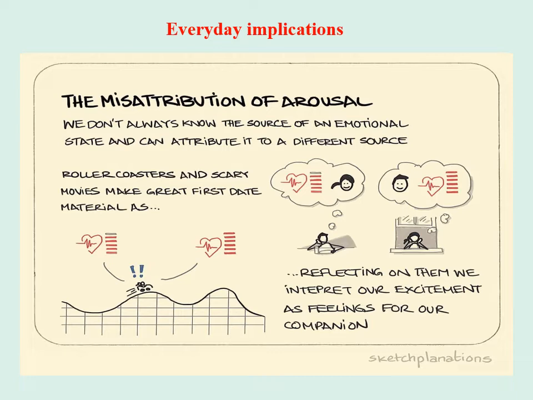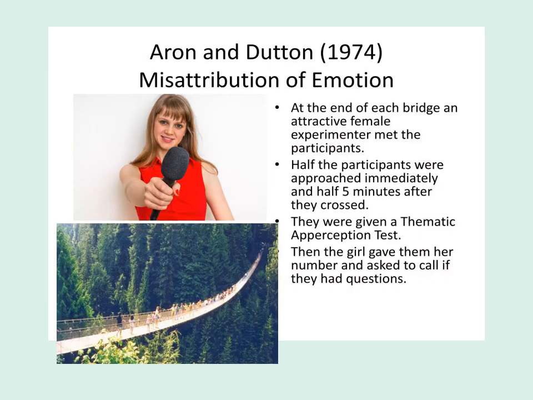For example, as the cartoon illustrates, roller coasters and scary movies make a great first date material because the arousal can be misinterpreted by your partner as indicating some kind of positive emotional response to your partner. The principle that arousal can be misinterpreted is nicely demonstrated in an experiment by Aaron and Dutton in 1974.